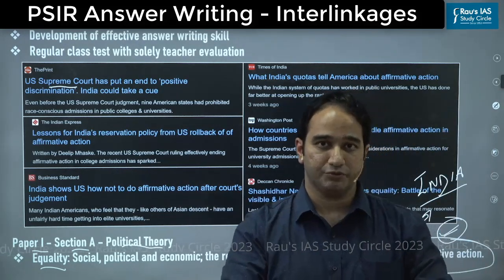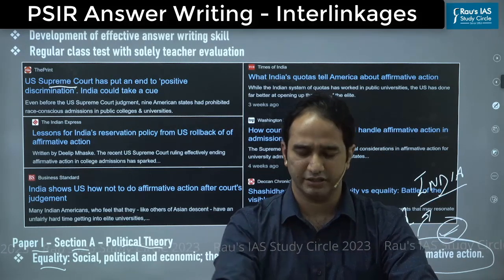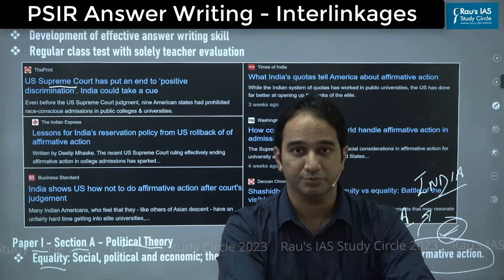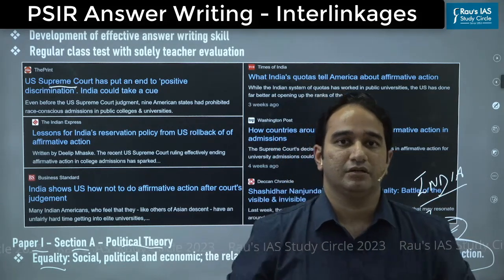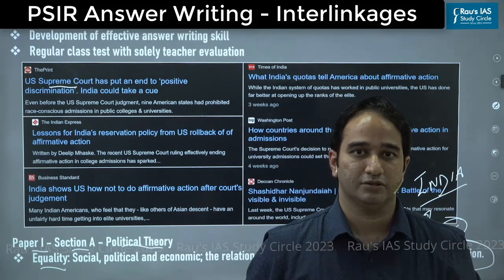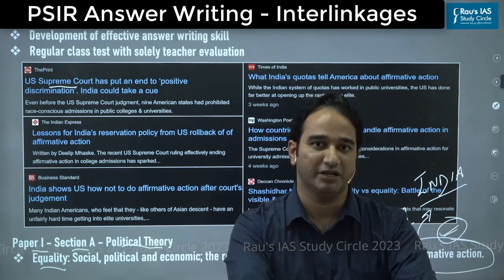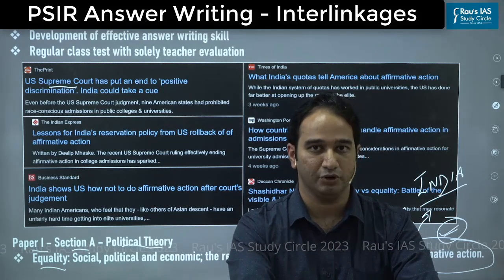The US Supreme Court basically said that there is something known as the 14th Amendment there, and there's a special provision known as equal protection under law. That is there in the Indian Constitution under Article 14, right to equality, equal protection before law.